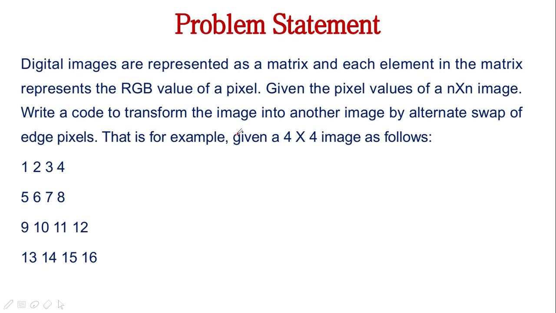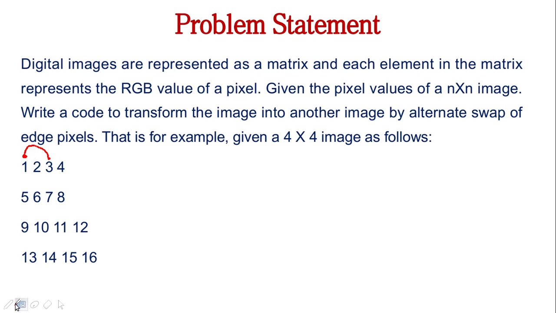So to understand what is meant by alternate swap of edge pixels, let us take a 4 cross 4 image as shown below. Let us see what will happen here. First you have to start with the first element of the matrix and swap it with the alternate element. So the first element will be swapped with the third element in the first row, and then only edge elements are going to be taken.